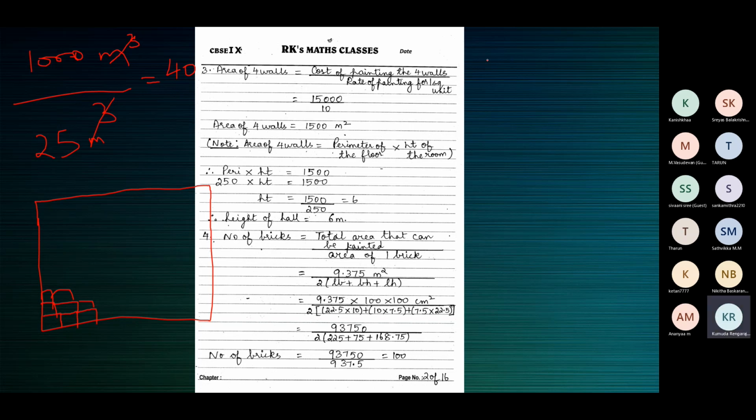When you divide volume by area, you will get some length, because volume will be in meter cubed and area is in meter square. So meter cube by meter square, there's 1 meter left. So the answer will be some length. It can be length, breadth or height, something in meter.